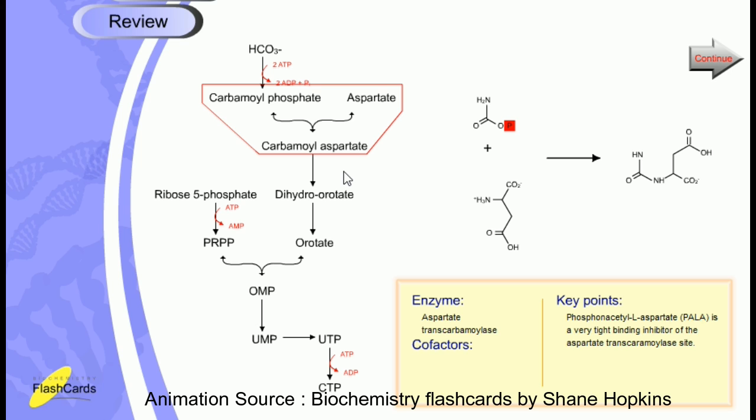We call it phosphonoacetyl L-aspartate because it's the L form. It's a very tight binding inhibitor of the aspartate transcarbamylase site, so use of PALA can prevent this whole process at this particular point.